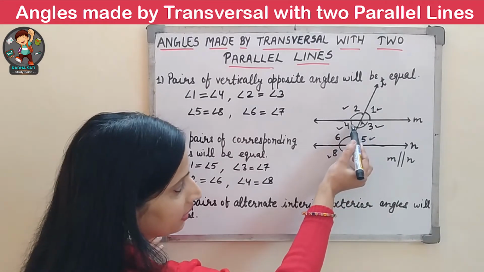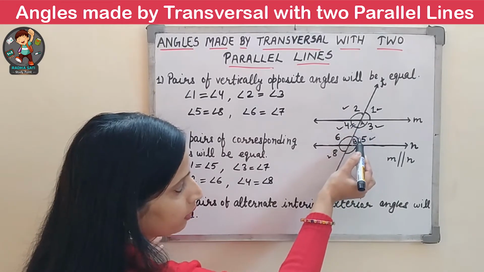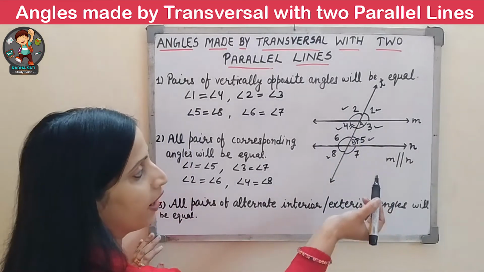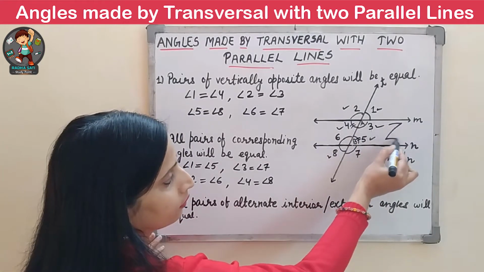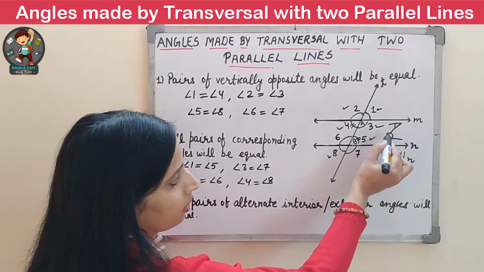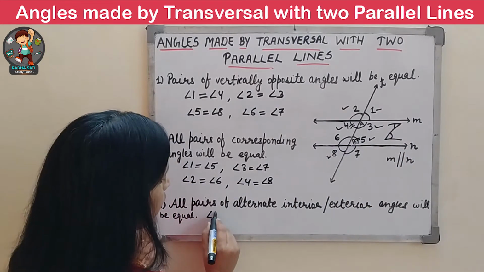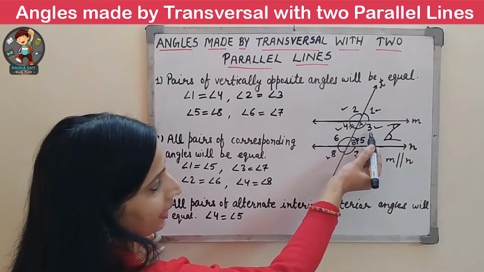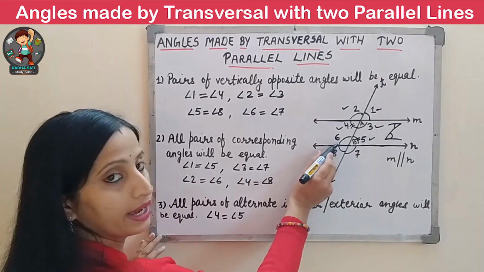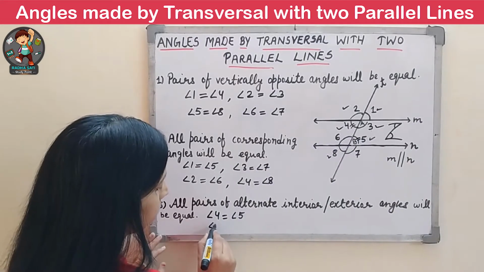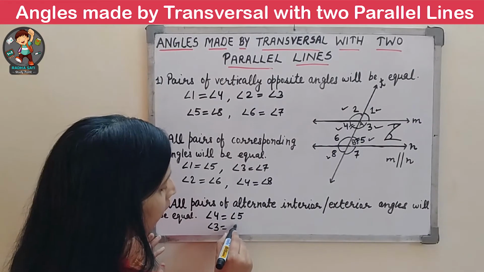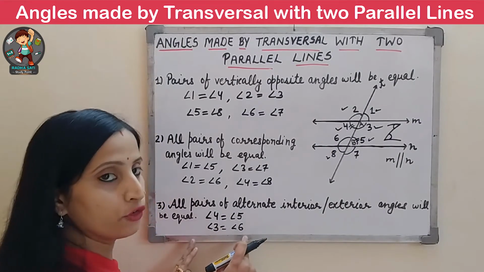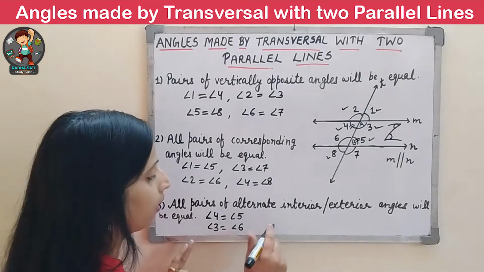So alternate interior angles means angle 4 will be equal to angle 5. The second pair, angle 3 will be equal to angle 6. So two pairs of alternate interior angles will be formed and they will be equal.